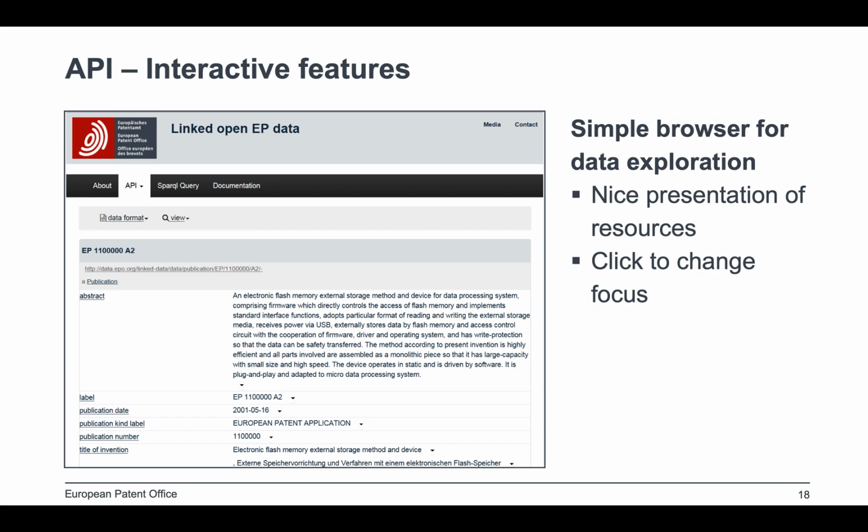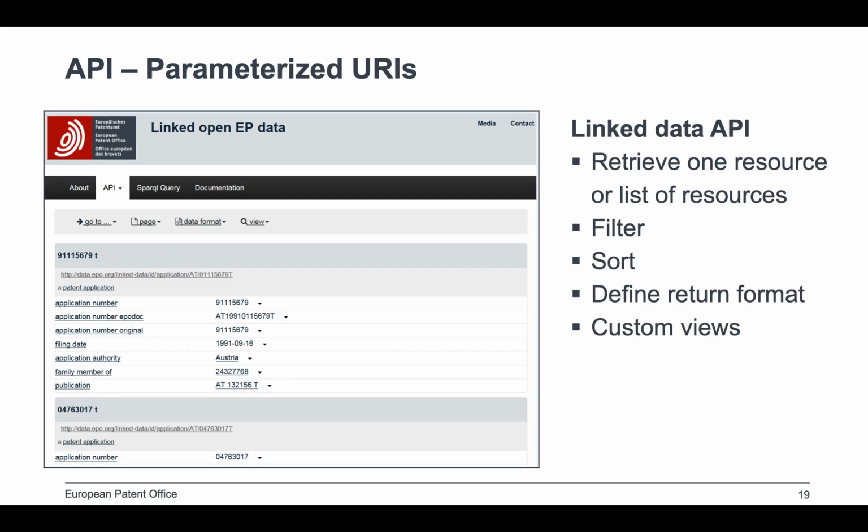The API allows you, if you enter one of these IDs we had before, for example, one which looked like this, then this browser will open, which makes the data structure more visual, and it allows you to navigate through it.